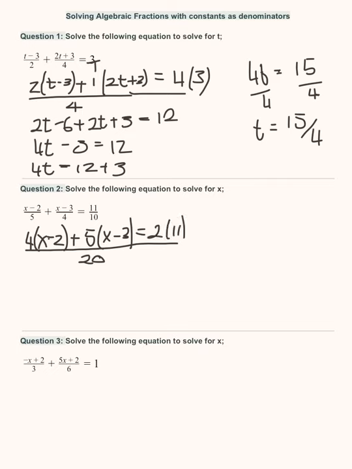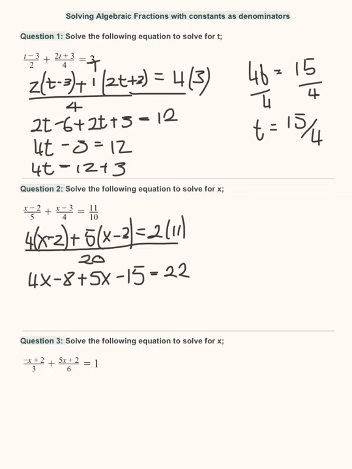So again at this stage now, we can drop our lowest common denominator of 20, which will give us a single line equation, and we're going to multiply out the brackets to simplify. So 4 times x is 4x, 4 times minus 2 is minus 8, 5 times x is 5x, 5 times minus 3 is minus 15, and 2 times 11 is 22.